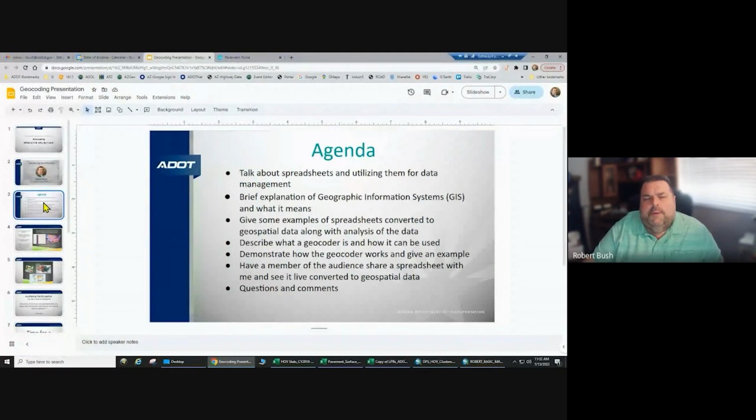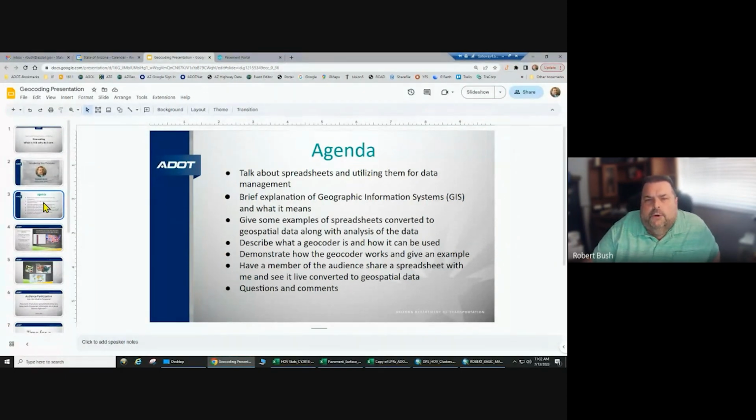We're going to talk a little bit about what GIS is, or Geographic Information Systems, and what it means. I'm going to be giving some examples of these spreadsheets that are converted to geospatial data, plus some analysis that we do along with the conversion of the data.